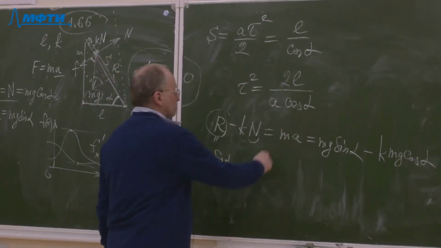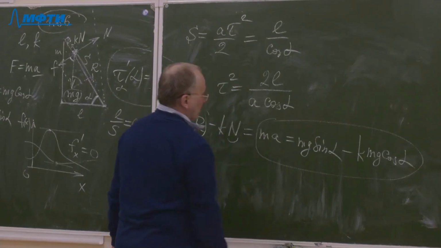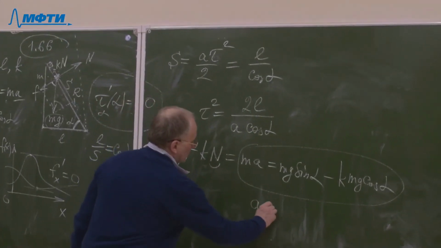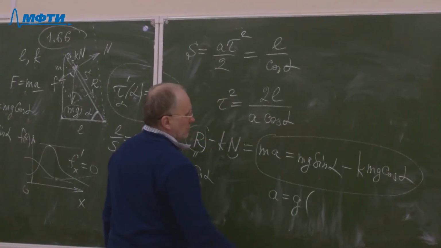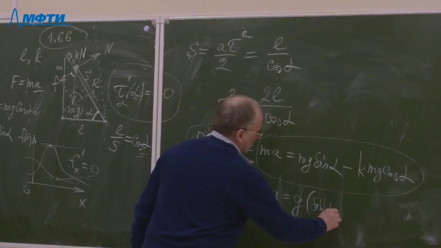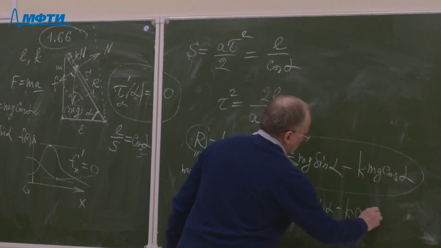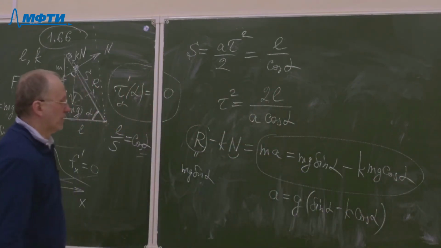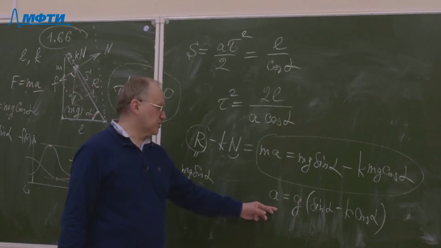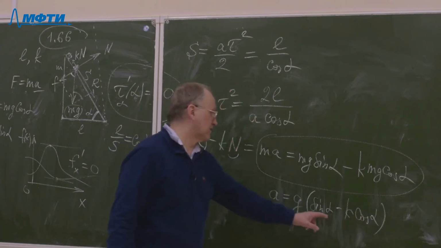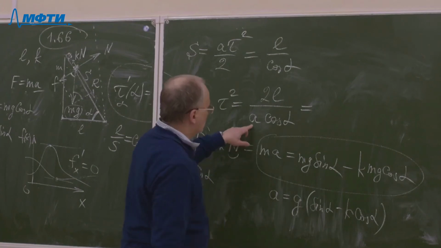In this equation here, we can cancel the mass, and then for the acceleration a, we will obtain g, and in round brackets, sine alpha minus k cosine alpha. That's it. We have expressed acceleration as a function of alpha.